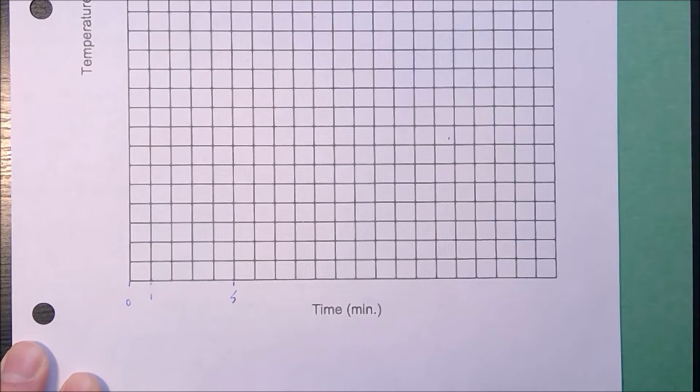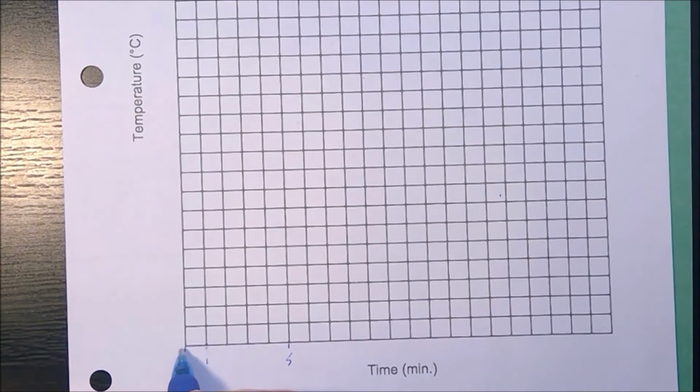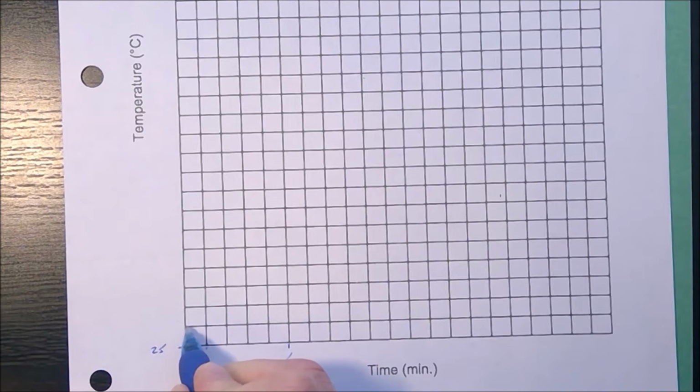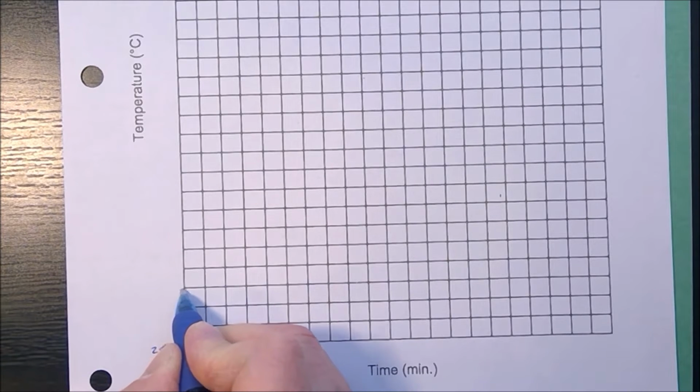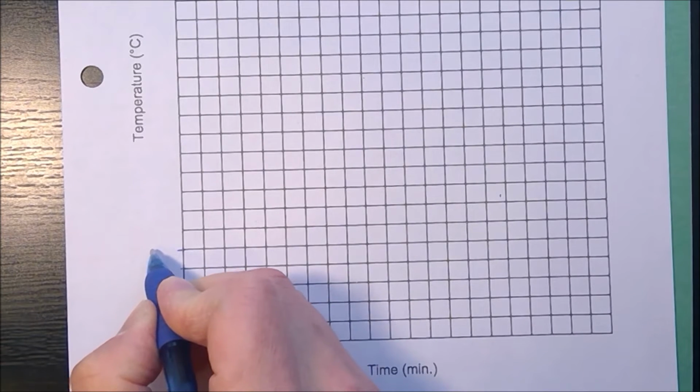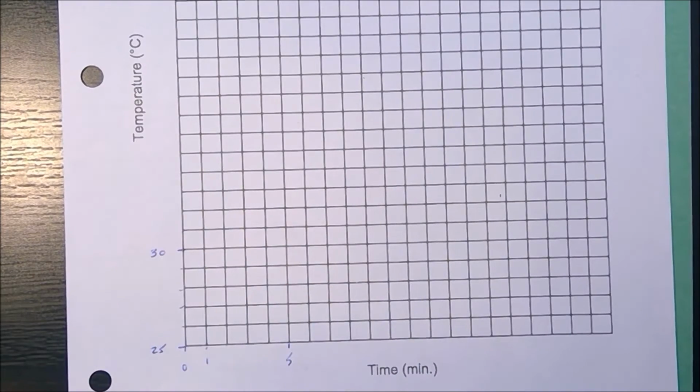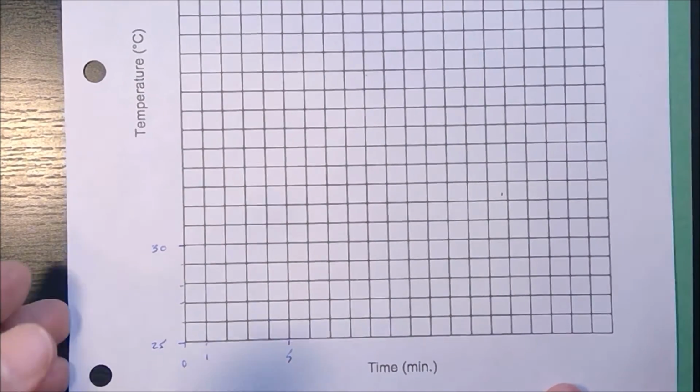Now, if you look at the vertical axis, your temperatures go up to slightly below 50. The lowest temperature is above 25. So to make this graph much easier, I would begin vertically at 25, and I would be going up by ones. But I wouldn't mark down every single number unless you have to. So that's how I would set up your scales.